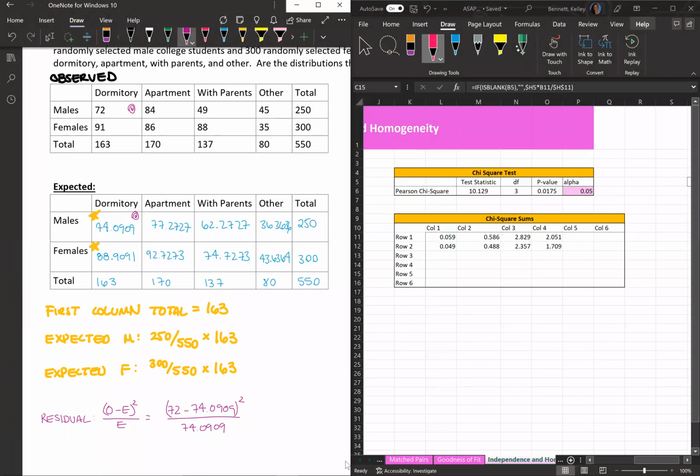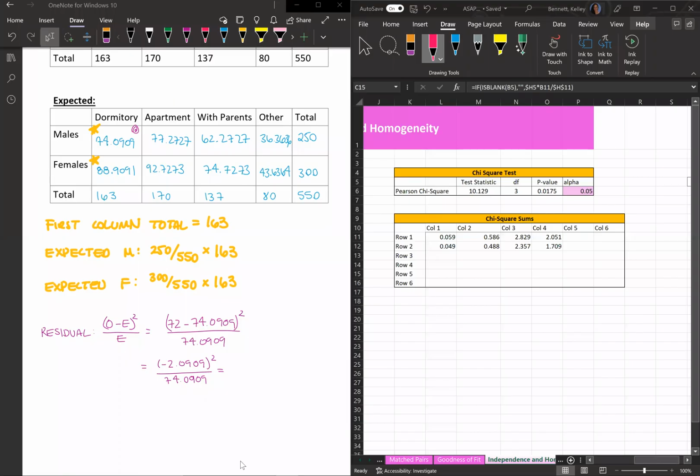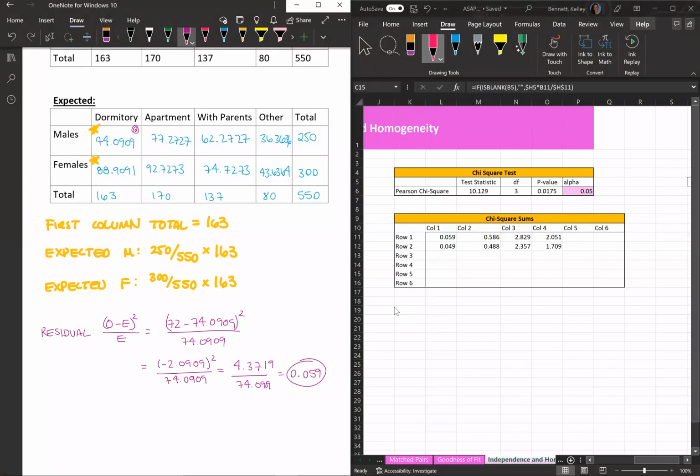If we crunch that out, we'll have to be mindful to square the negative as well, giving us 4.3719 divided by 74.0909. And so that's our residual for that first position.